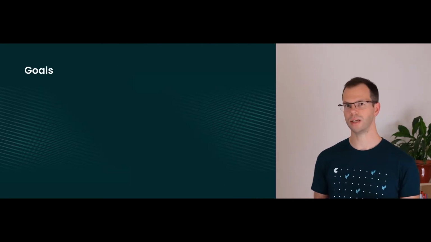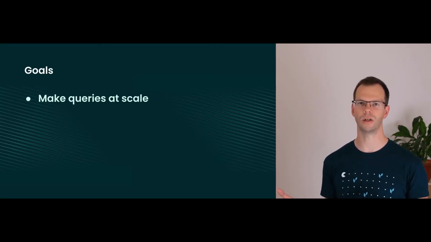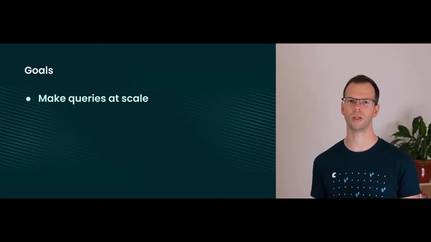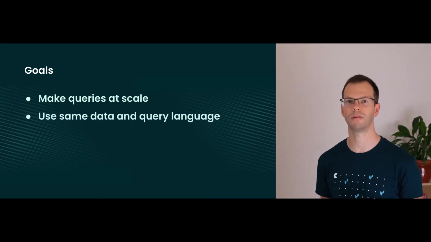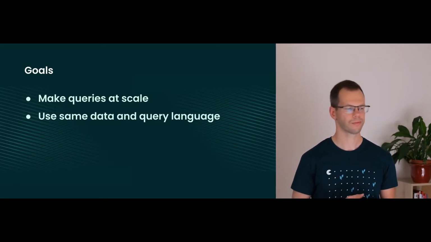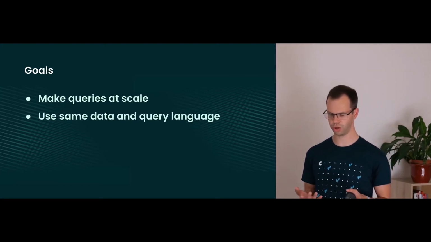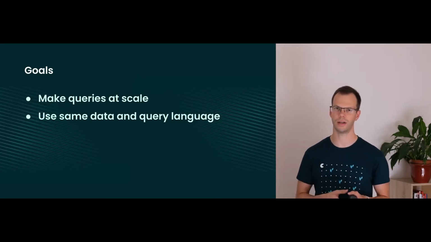To achieve that, we needed the ability to query verifications at scale over multiple weeks or even months. And we also wanted to use the same data and preferably the same query language. Now, theoretically, we could use our standard Postgres databases for that, because the data is there already.